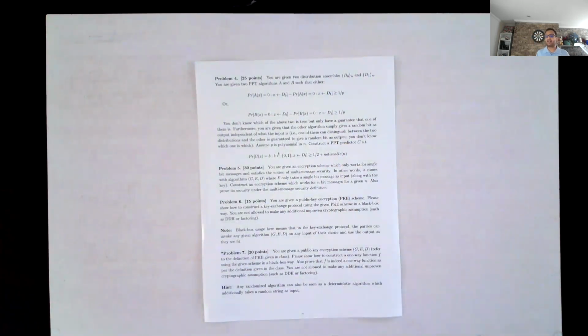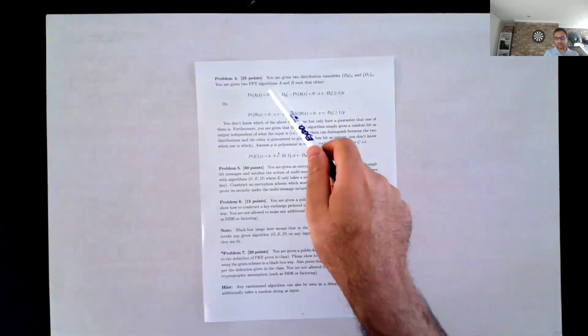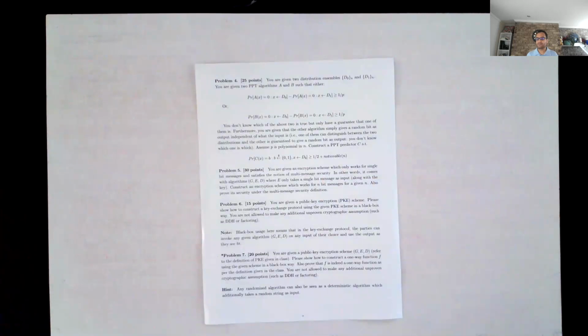Then C flips a random coin and then picks either A or B. And then C just uses that one. With probability half, C will end up picking the right algorithm, which distinguishes with noticeable probability. With probability half, C picks the algorithm which gives you a random answer, right?